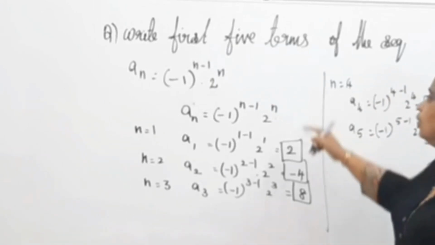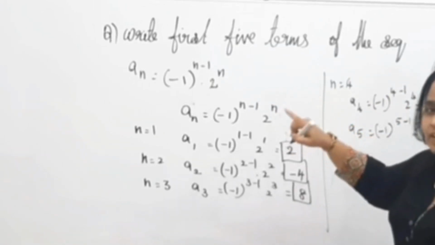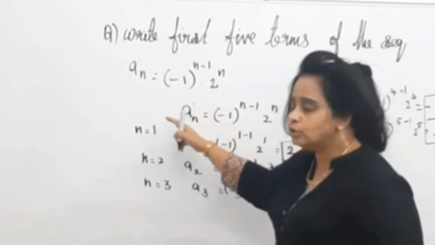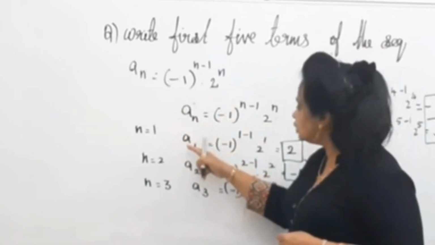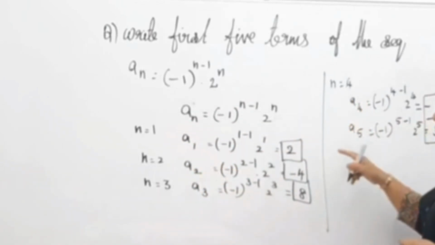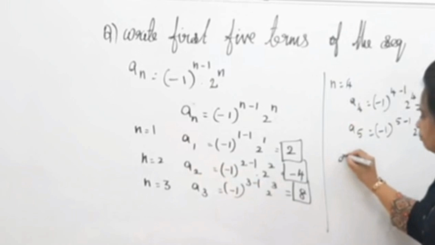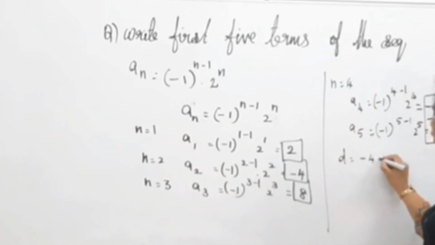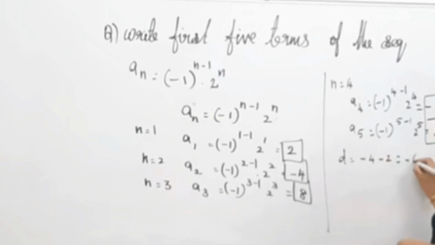Now I told you this is not given specifically as an AP, it is given as a sequence. So I told you to write the sequence. Now just look at it: a1, a2, a3, a4, a5. I told you d must be the same common difference. So -4 minus 2 is equal to -6.